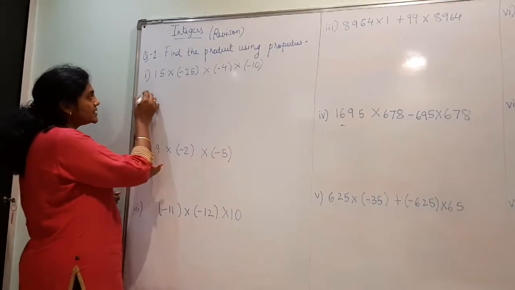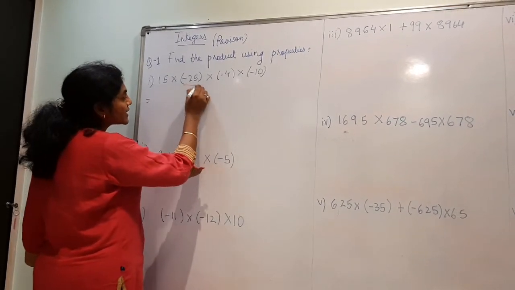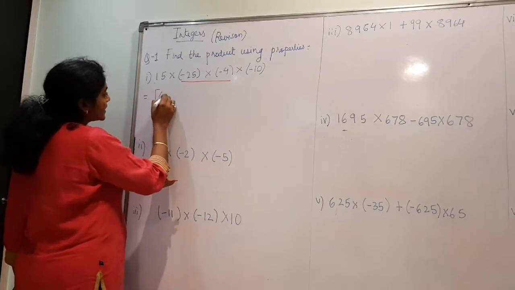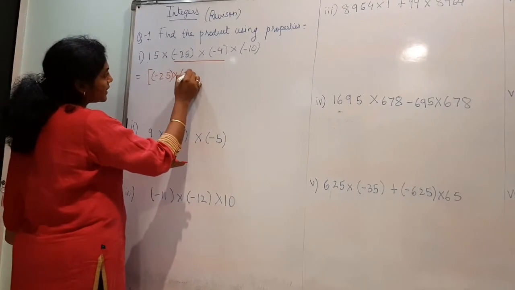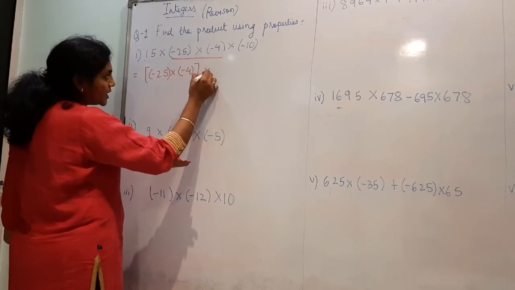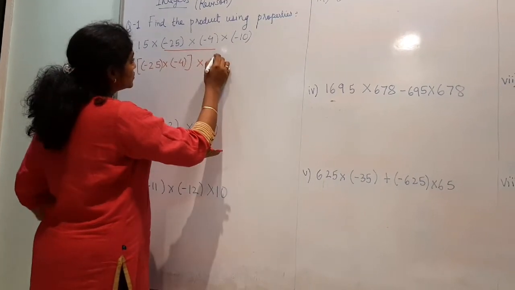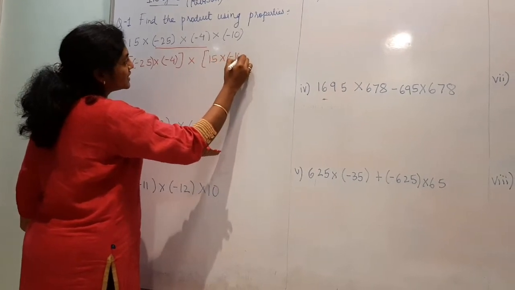So to make it easy, for using the properties, I can combine these two first and these two. So I will take minus 25 into minus 4, multiplied by, now I will combine these two, that is 15 into minus 10.